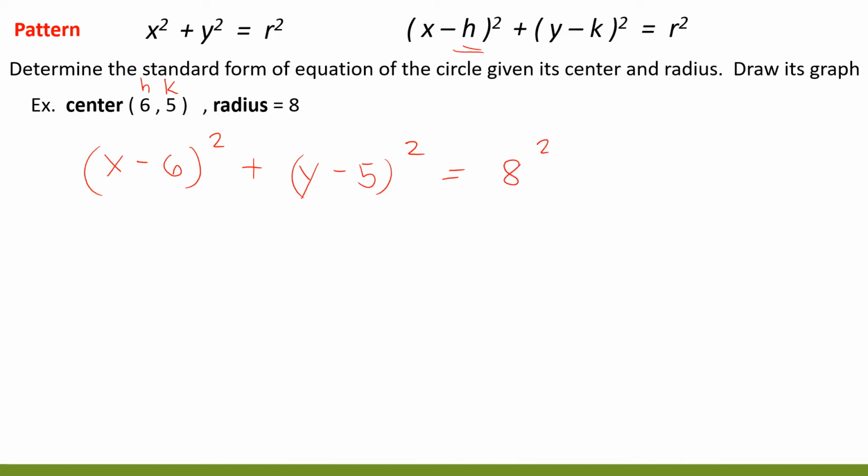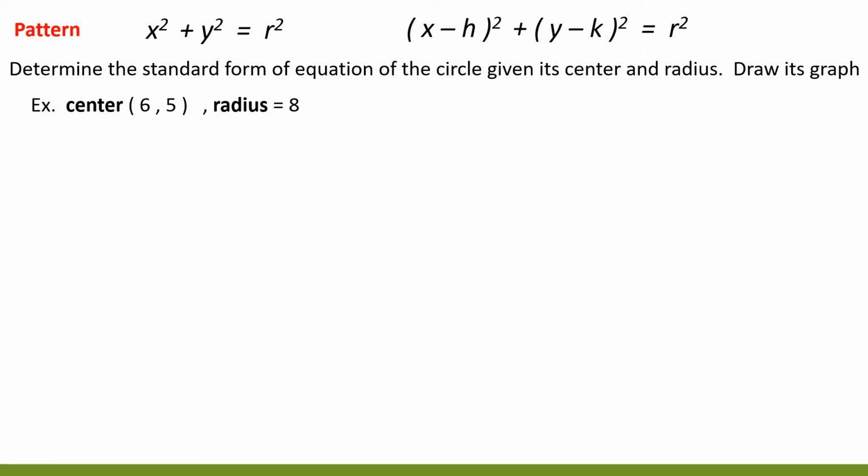So happened that 8 squared is 64, so write 64. And then copy the left-hand side, (x minus 6) quantity squared plus (y minus 5) quantity squared. This is already the standard form of equation of the circle, given the center (6, 5) and radius 8.